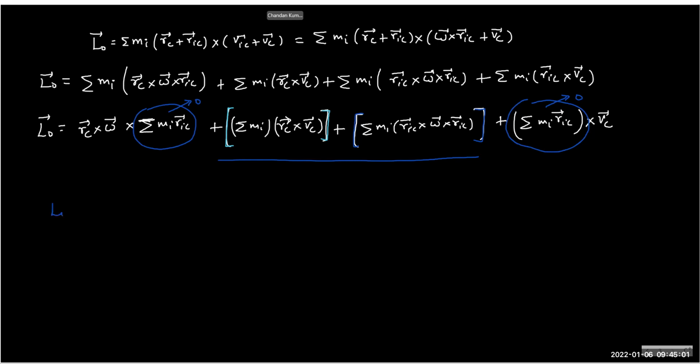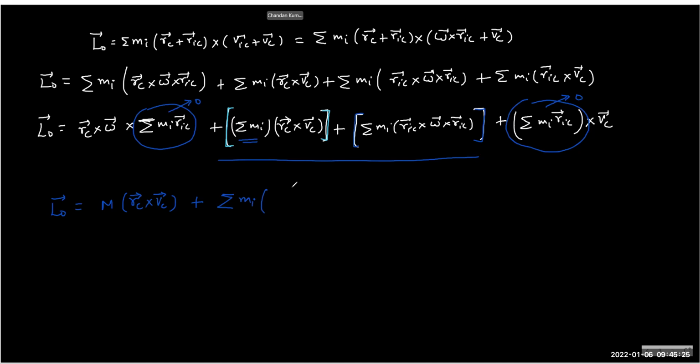So what are you left with? The middle two terms. This is the total mass of the body, m, and the second one requires some more calculation, which is like a triple product. So in vector, I had given you a formula, which I'm going to use directly.